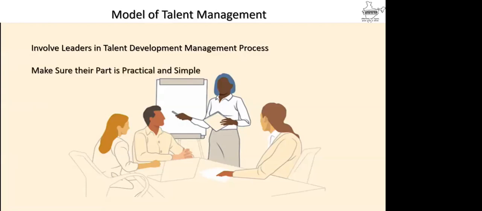Next is to make sure their part is practical and simple. Sometimes HR feels that now that the leader is involved and is part of this program, that's an absolutely wrong assumption. They are part of the program only to address the participants, or maybe do the lighter part of it.